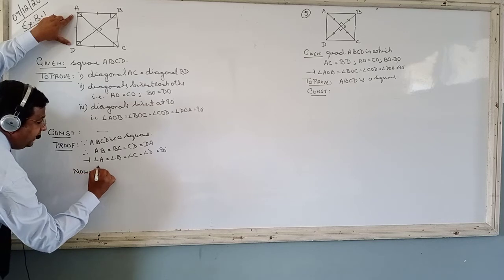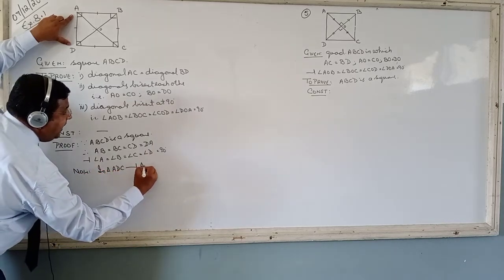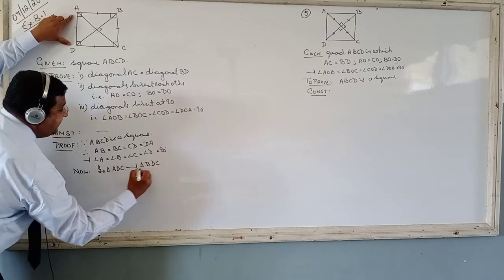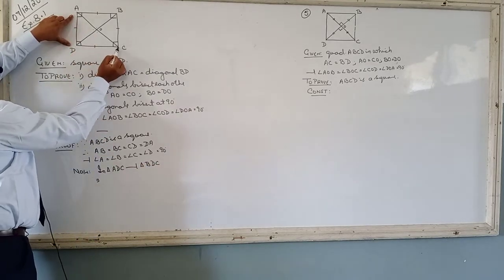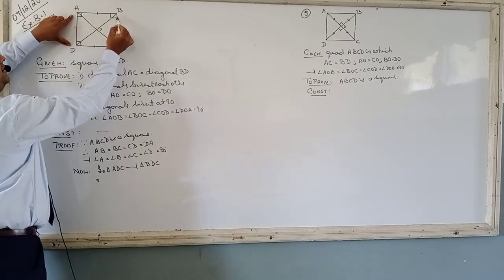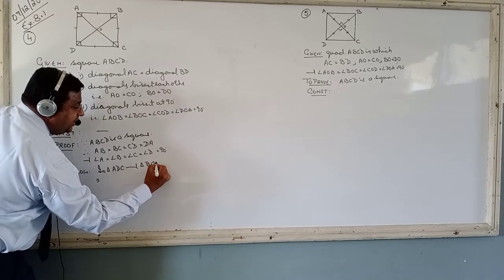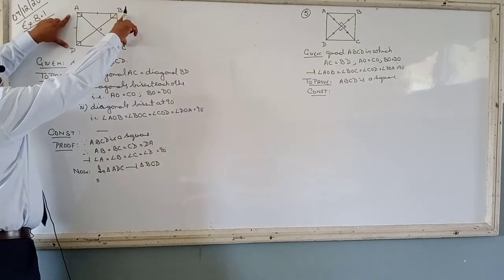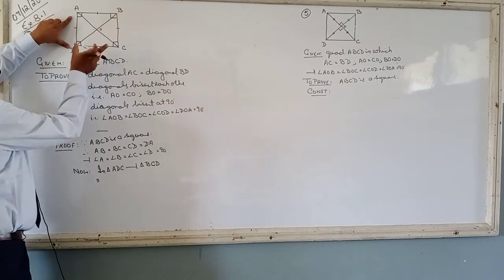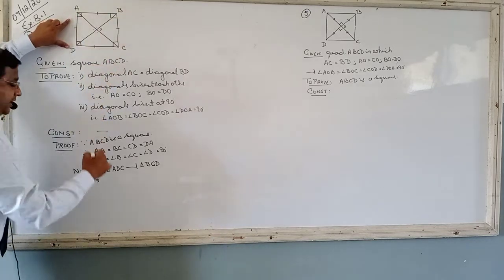Now, in triangle ADC and triangle BCD, just observe, is AD equal to BC, given to us? Is CD common to both the triangles? Yes, two sides are equal.